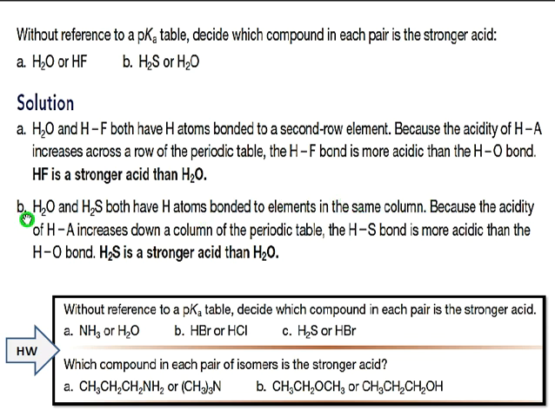Because the acidity of HA increases down the column of the periodic table, the H-S bond is more acidic than the hydrogen-oxygen bond, and for this reason H2S is a stronger acid than H2O, again depending on the size of the anion. Here the sulfur anion is bigger than the oxygen anion. And this is homework for you, try to solve it.